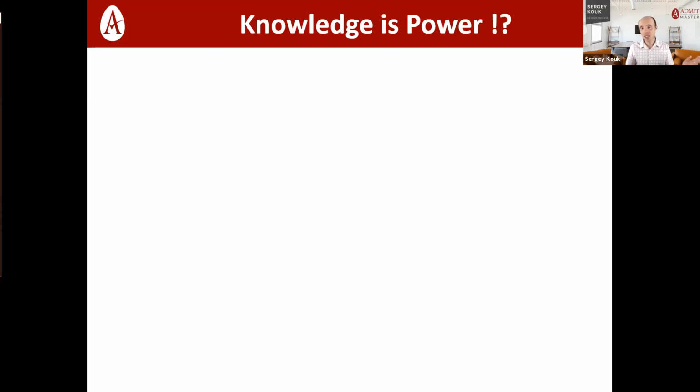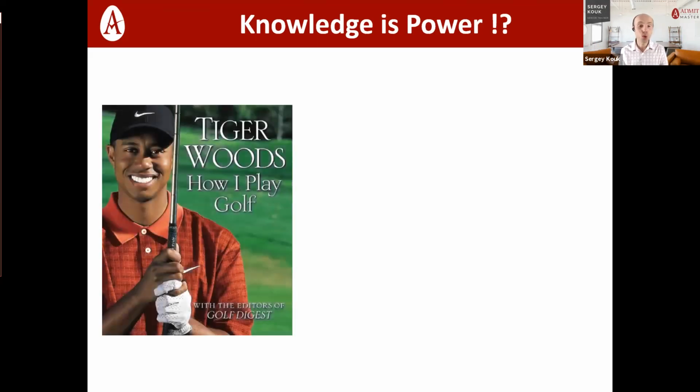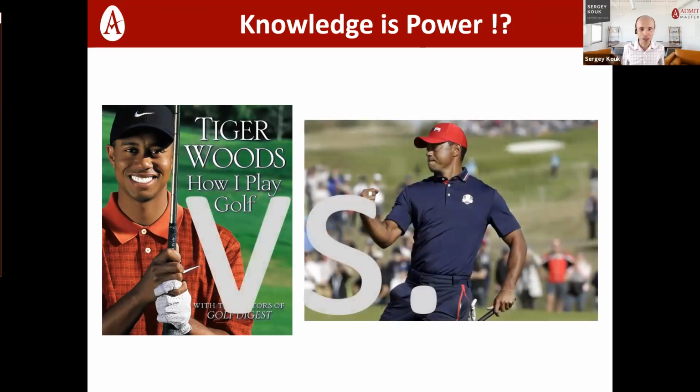And I love analogies. So I'm going to give you a few analogies that will hopefully help you put things in perspective. If I want to learn how to play golf, I can go out and read a book by Tiger Woods on how he plays golf. I'm going to read it cover to cover, and then I'm just going to go and play. Is reading a book going to get me to playing, or maybe winning that Ryder Cup?